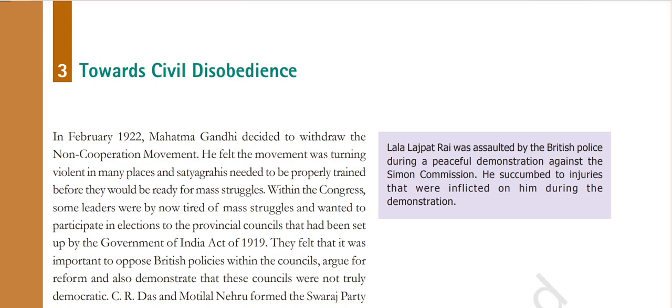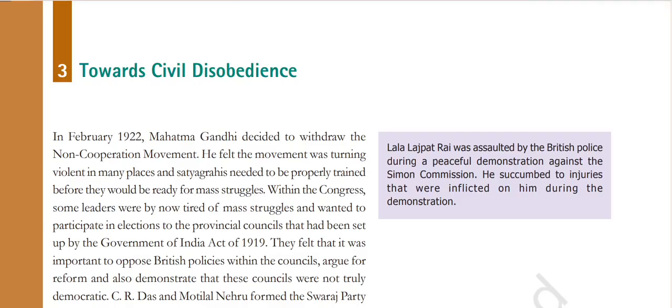Within the Congress, some leaders were by now tired of mass struggles and wanted to participate in elections to the provincial councils that had been set up by the Government of India Act of 1919. They felt that it was important to oppose British policies within the councils, argue for reform, and also demonstrate that these councils were not truly democratic.